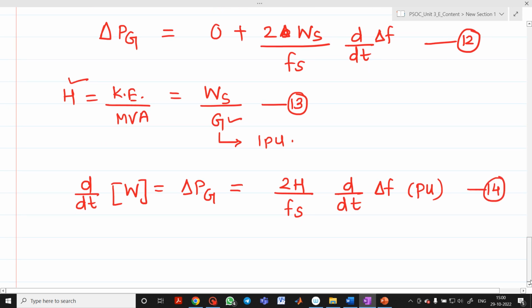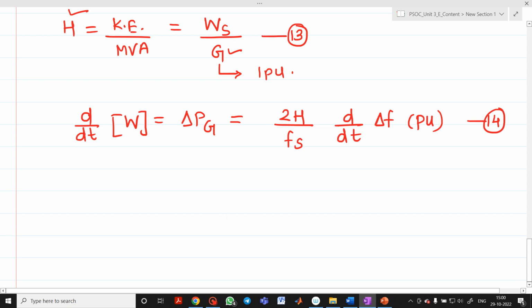Now we know that as the frequency changes, the motor load changes, being sensitive to the speed. The rate of change of load with respect to frequency is given by, I will write it here, the rate of change of load with respect to frequency. What is the meaning of this?